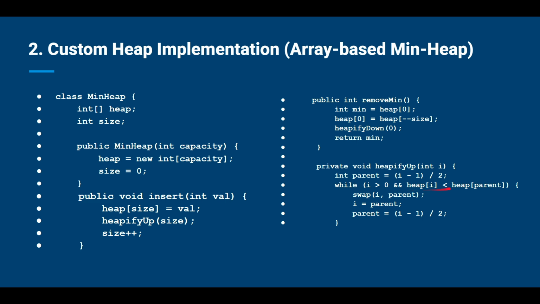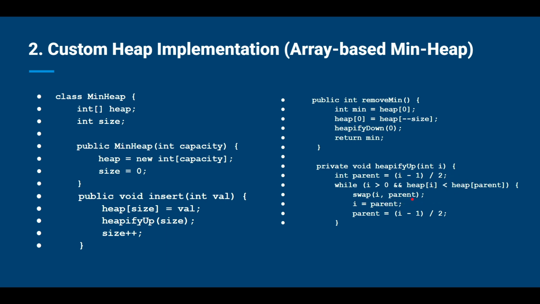So you do the swapping, the reverse of the thing that we have seen, right? If the element is less than the parent, it should be replaced. Let's suppose the parent is 3, but heap at i is 1, it means we have to do the swapping.